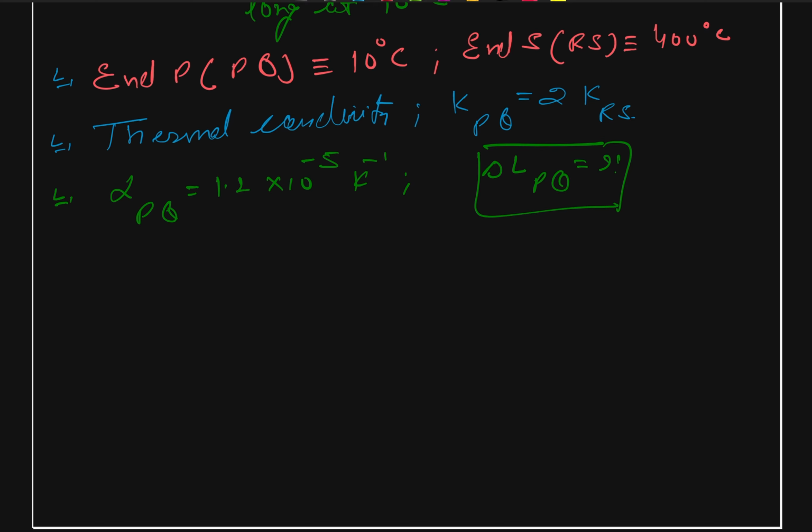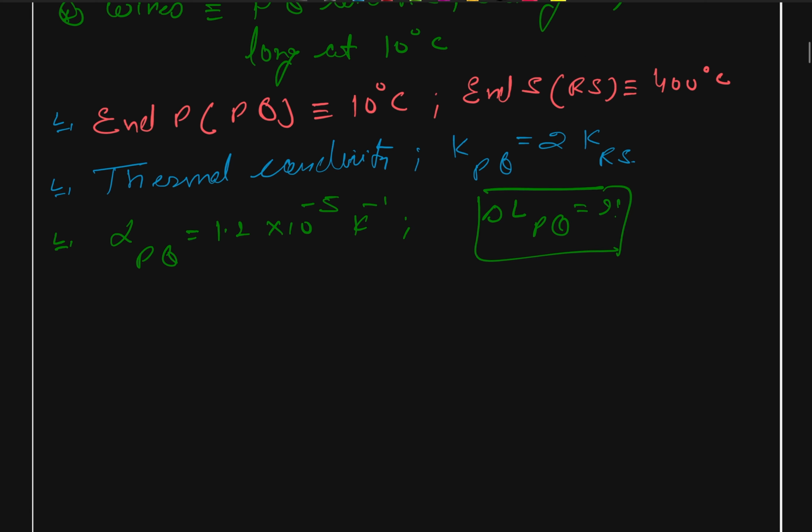So in this case, we have to remember that end S is at 400 degrees centigrade and P is at 10 degrees centigrade. Therefore, the heat is going to flow from end S to the end P through the wire, and these wires are connected in series.